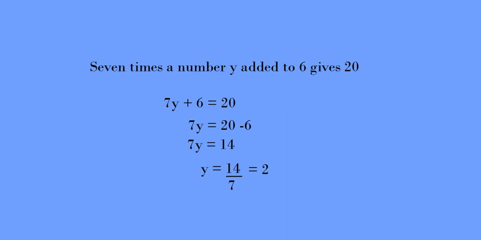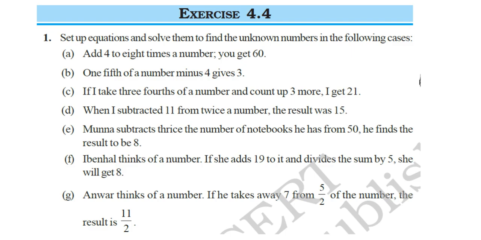Now let us look at some questions. Here you have exercise 4.4. Look at these questions. Add 4 to 8 times a number, you get 60. 8 times a number. Here the number is not given, so you can take a variable.